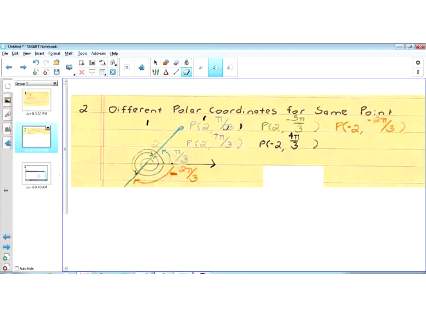Now, when we talk about coterminality of the coordinates of polar points, we're assuming that the initial position of your angle aligns with the polar axis, and the vertex of your angle aligns with the polar vertex.